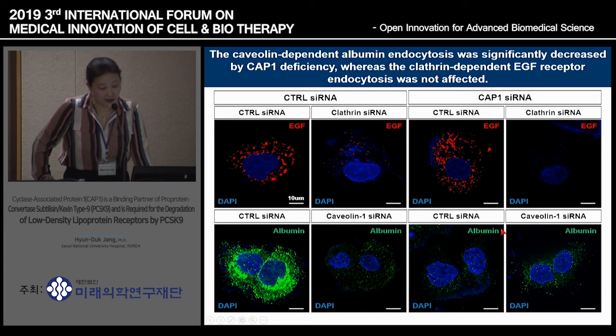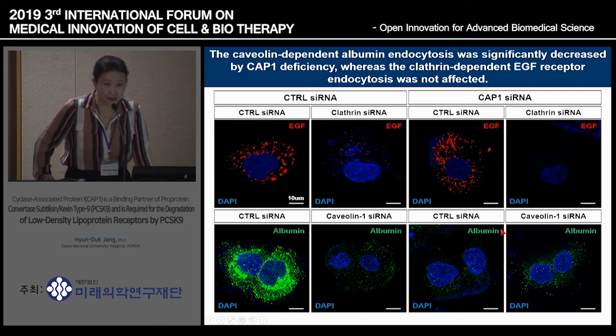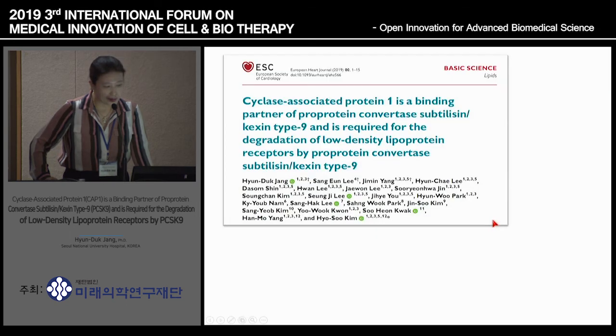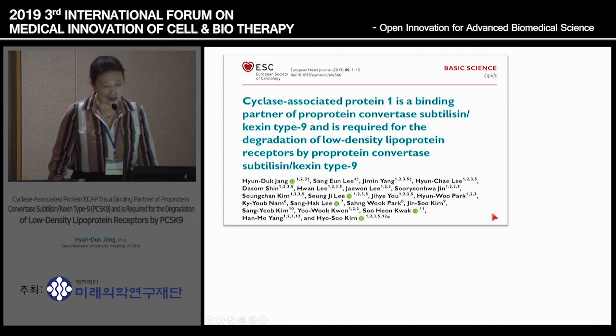Which means maybe CAP1 is very important for caveolin-mediated endocytosis, not only for LDL receptors, but also for general events of caveolin-mediated endocytosis. So we published it in August 2016 in the European Heart Journal, in a basic science paper.